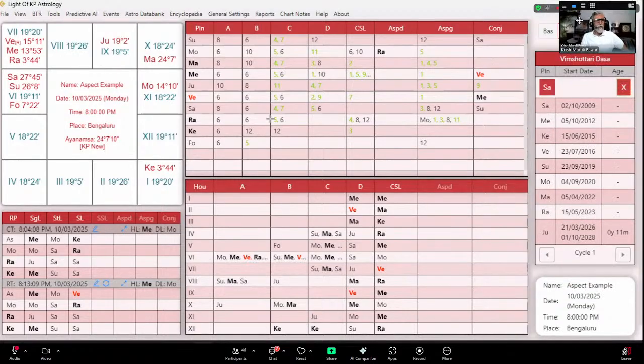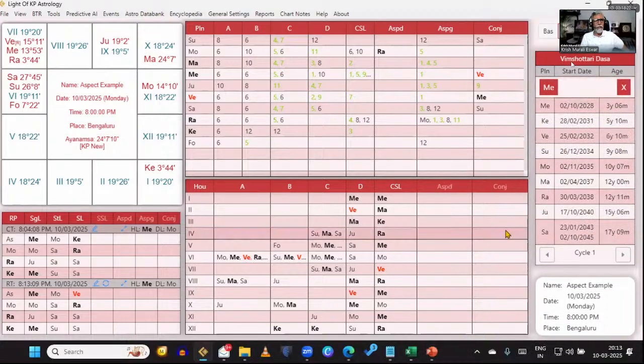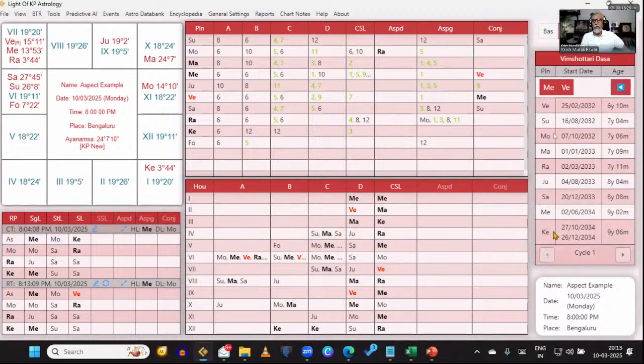All right, let's take a look at Mercury Mahadasa, and in that, Venus Antaradasa. They are both conjoined with each other. This period will run from 2032 February to 2034 December.